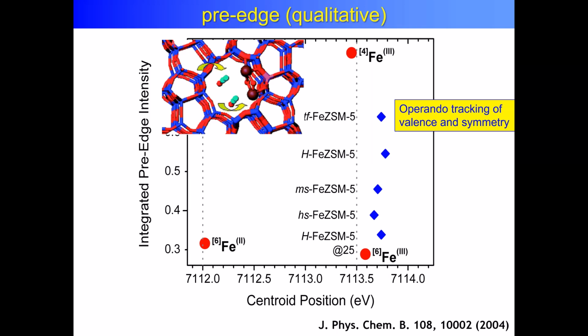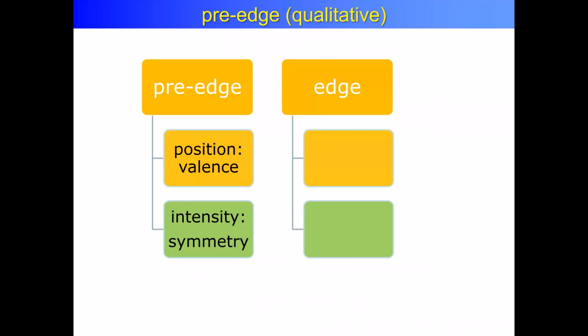All these measurements were done operando at working conditions of the catalyst, a long time ago, published 16 years ago. So this is just a qualitative analysis of the pre-edge. Before switching to theory: the position of the pre-edge gives you the valency and the intensity gives you the symmetry.